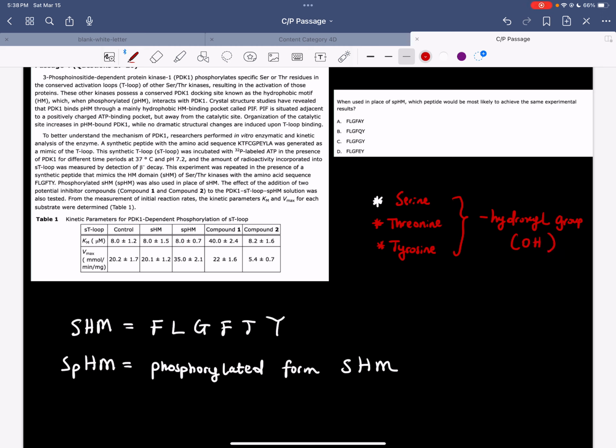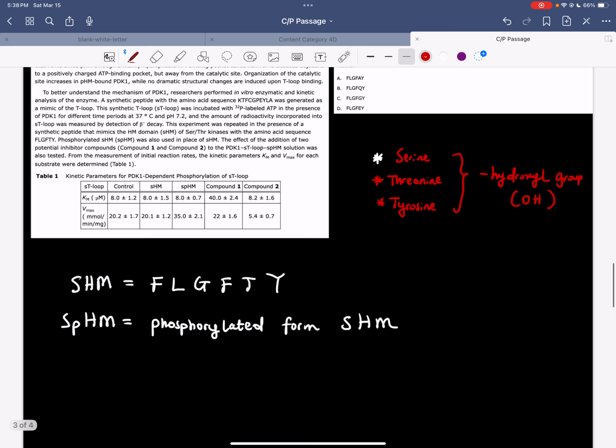Now the question says, when used in place of SPHM, which of these peptides would achieve the same experimental results? Let's break down SPHM. SPHM is the phosphorylated form of SHM. F cannot be phosphorylated, L cannot be, G cannot be because that's glycine, and F again cannot be.